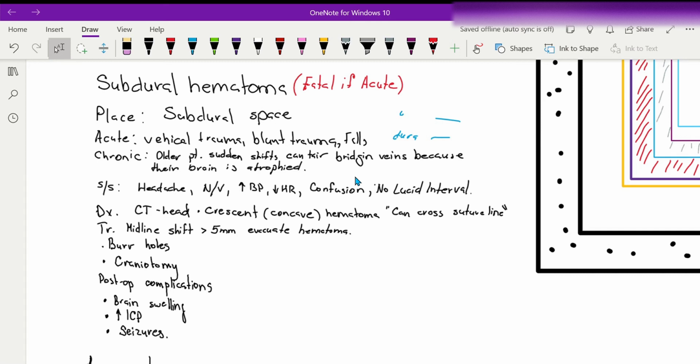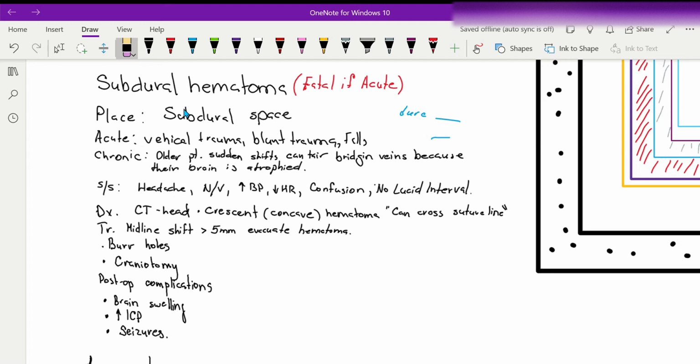So dura and arachnoid. Alright. There we go. Arachnoid. So arachnoid space right here, and bridging veins are in between. When they tear, the bleeding occurs.